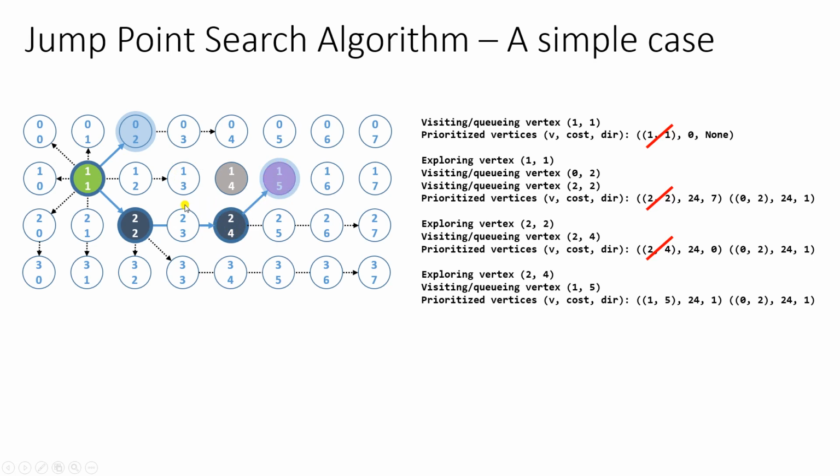Now look at all the neighbors of vertex 2, 4. These are 1, 3, 2, 3, 3, 3, already scanned.